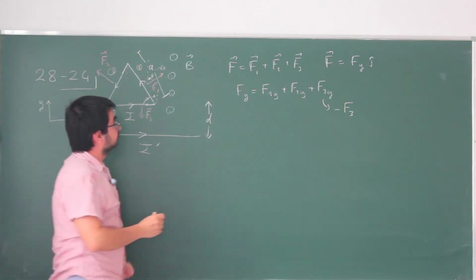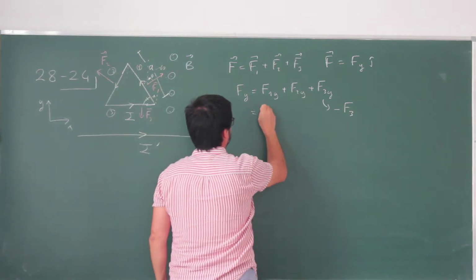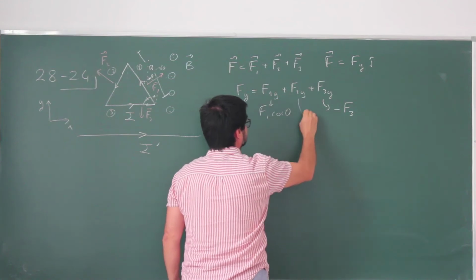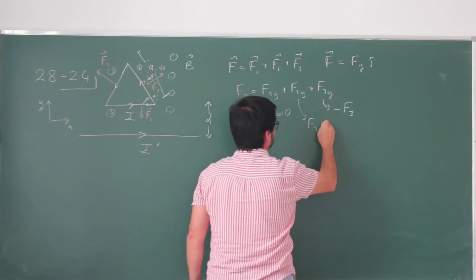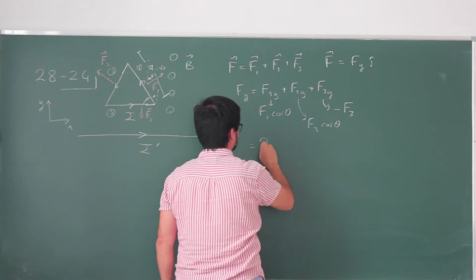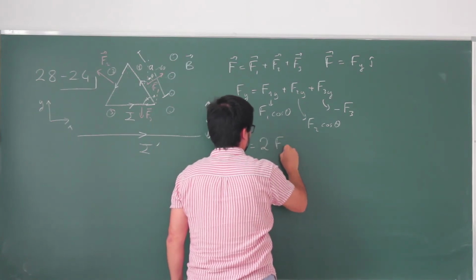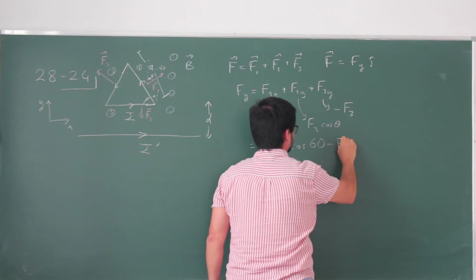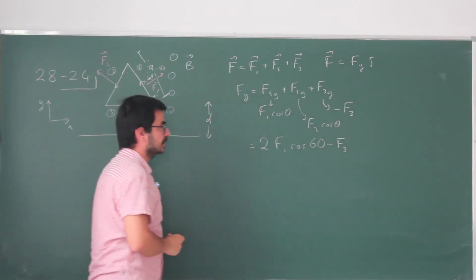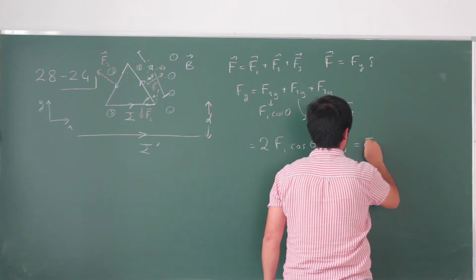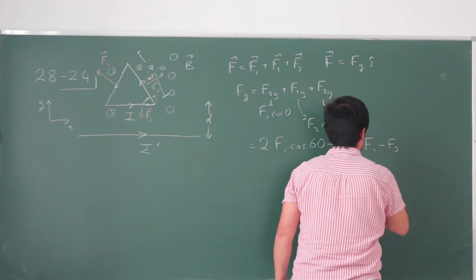And this one, F1y, is going to be just F1 cosine theta. And this is going to be F2 cosine theta. In fact, these two are equal to each other. So this is going to be twice F1 cosine 60 degrees minus F3, and cosine 60 is sine 30, that's a half. So we get F1 minus F3.